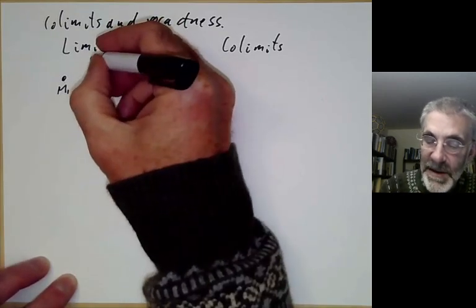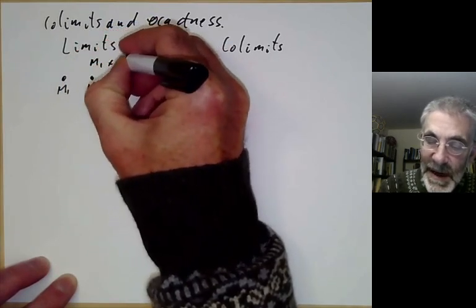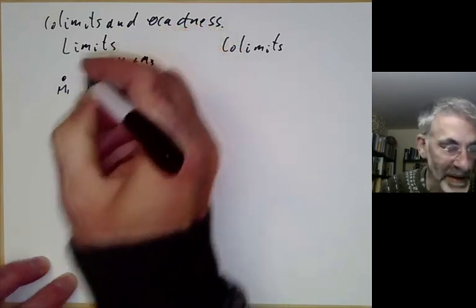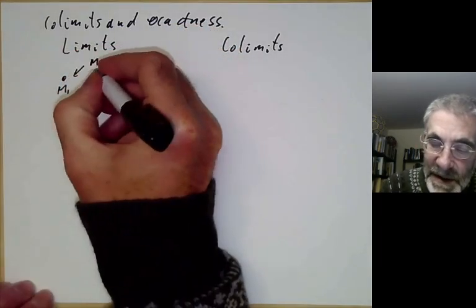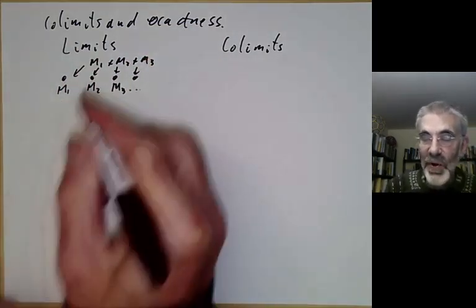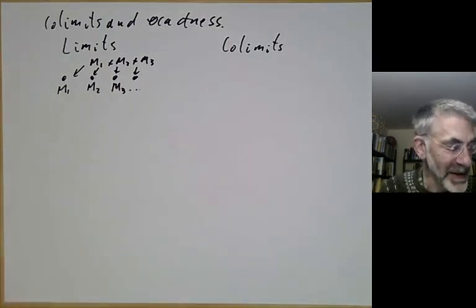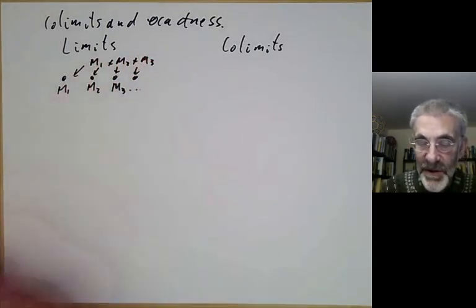And here the limit will just be the product m1 times m2 times m3 and so on. So the key point is that this has maps to all these objects and is universal with that property. So if you've got anything else mapping to m1, m2, m3 and so on, then it maps to the product.